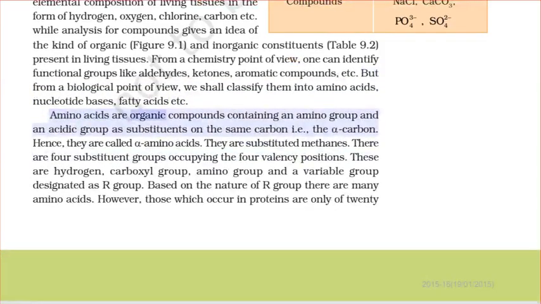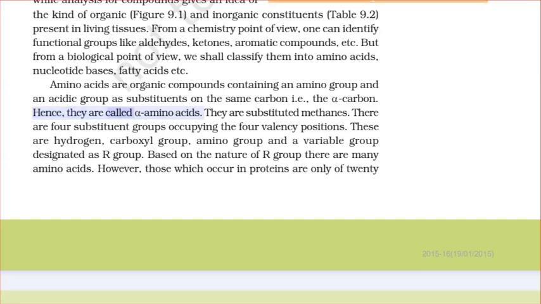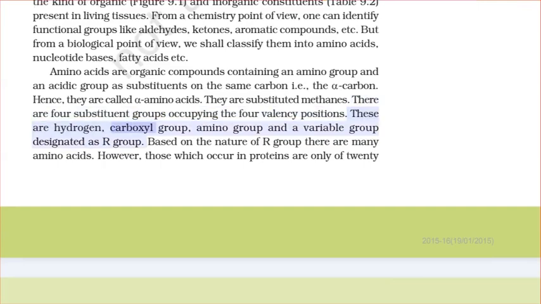Amino acids are organic compounds containing an amino group and an acidic group as substituents on the same carbon, i.e., the alpha carbon. Hence, they are called alpha amino acids. They are substituted methanes. There are 4 substituent groups occupying the 4 valency positions. These are hydrogen, carboxyl group, amino group, and a variable group designated as R group.